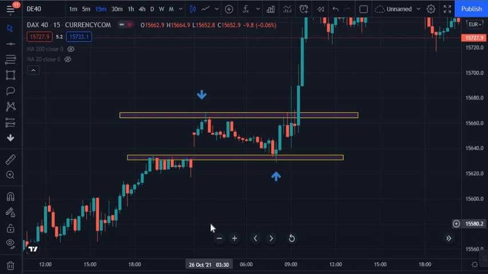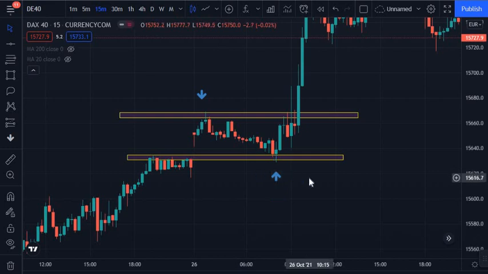Our second one is the break and retest of structure. We saw it move to the upside, it broke, it retested. That's confluence number two. Confluence number three is the rejection of our supply zones. That is confirmation number three.